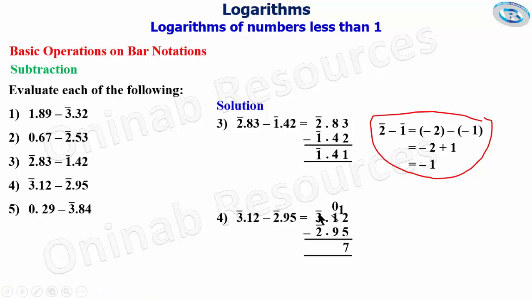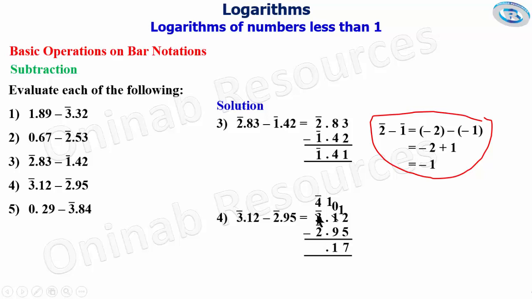We are left with 0 here. We borrow 1 from here. We'll be left with bar 4. Remember, it is bar 3, which is minus 3 minus 1 from it. We have minus 4, which is this bar 4. Placing it here, we have 10. 10 minus 9 gives 1.